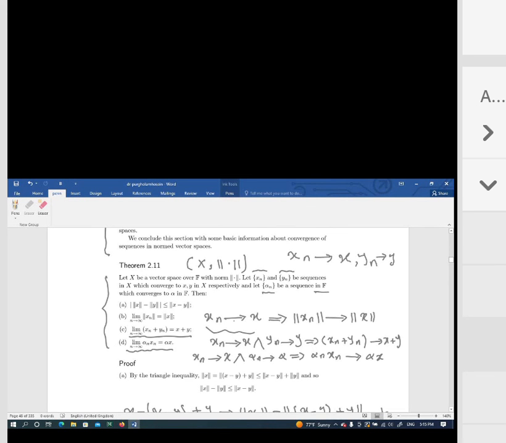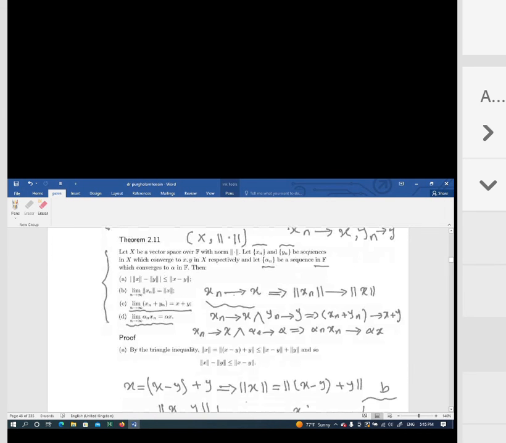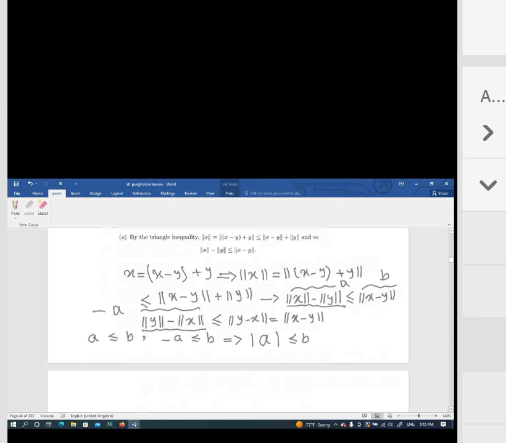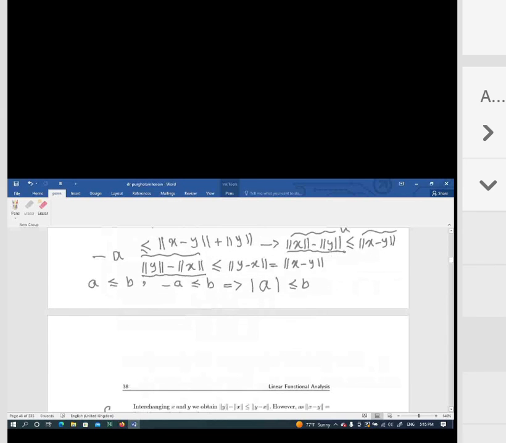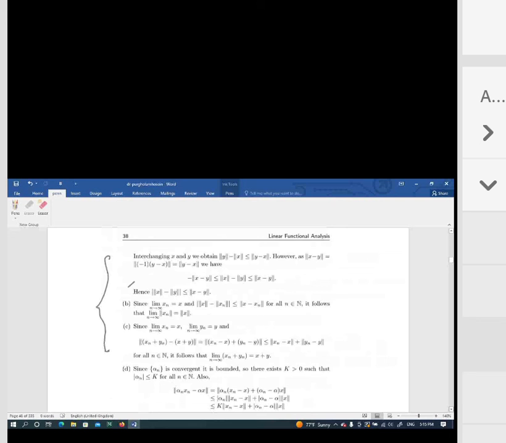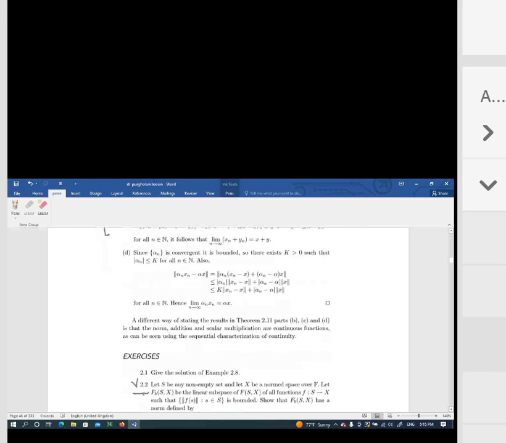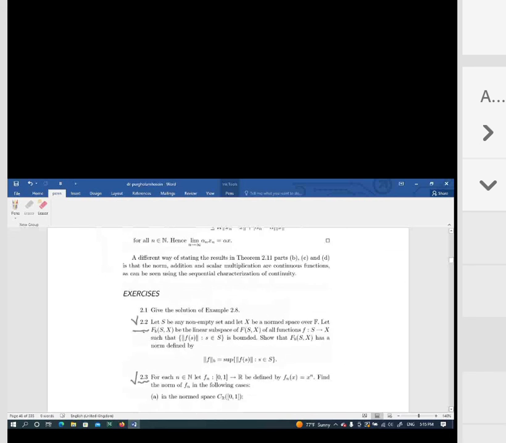Here is the proof of the theorem, but we leave it to you to study the proofs. Now there are some exercises.